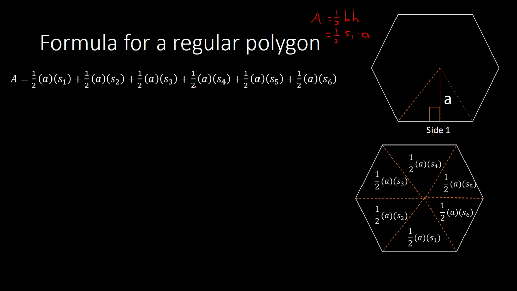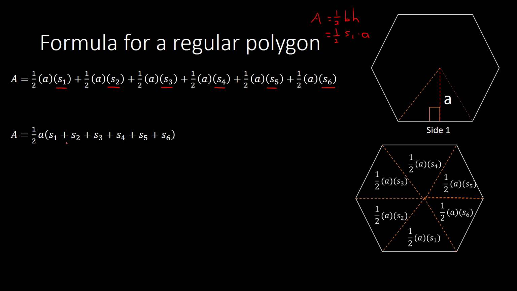Now from here what I can do is factor out a 1/2 and an a, because notice every term has a 1/2 and an a in common. So I factor that out, and I'm left with, in parentheses, s1 plus s2 plus s3, s4, s5, and s6.